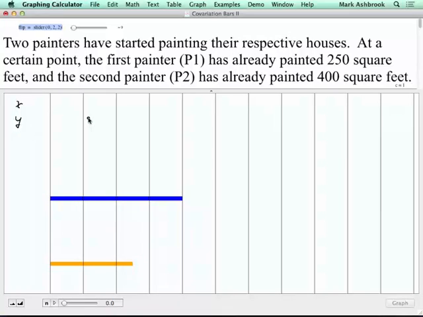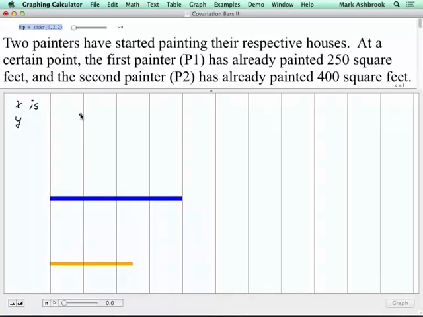So how should we define variable x in this situation? What quantity does x mean? There's nothing here about time going by. The amount of square feet the first painter has already painted.